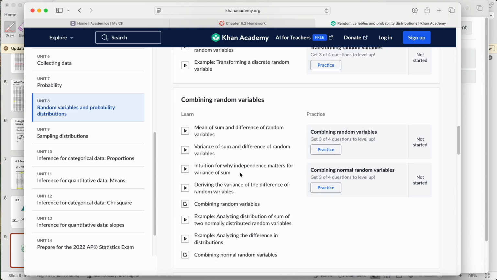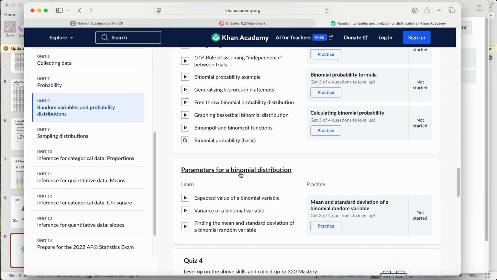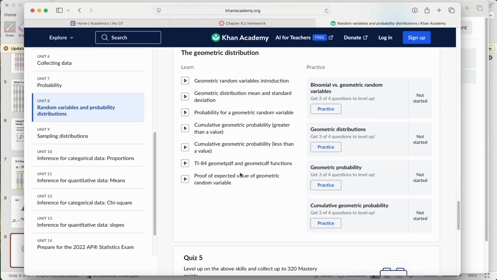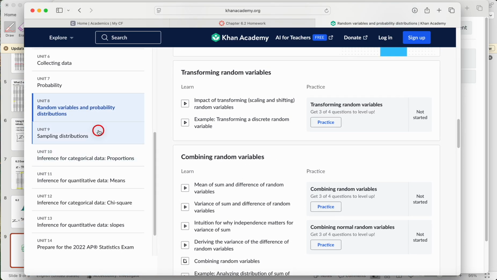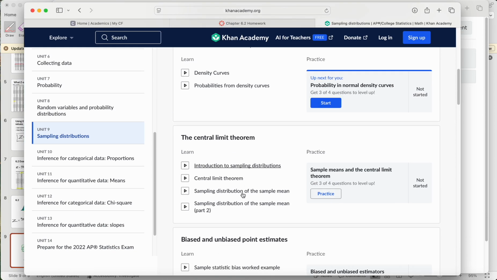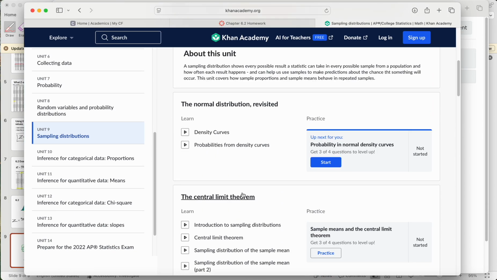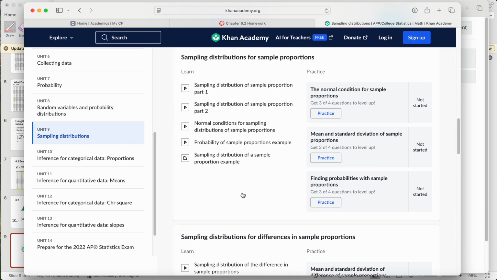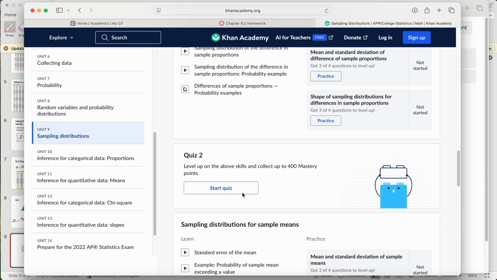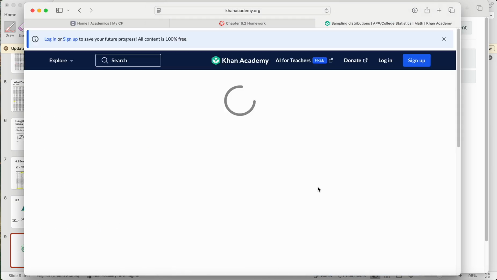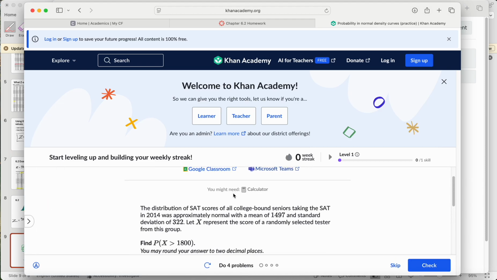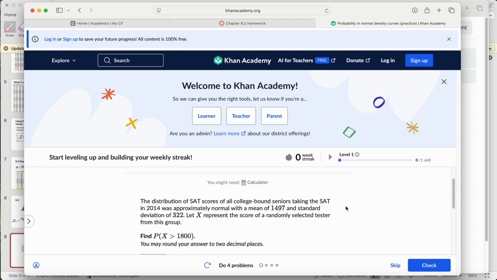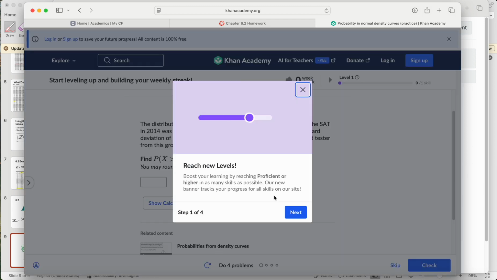Let's see. Sampling distributions. It might just be here. So I'm not going to lie, that was a little bit harder to find. But, ooh, yep, these are exactly the questions I'm looking for.